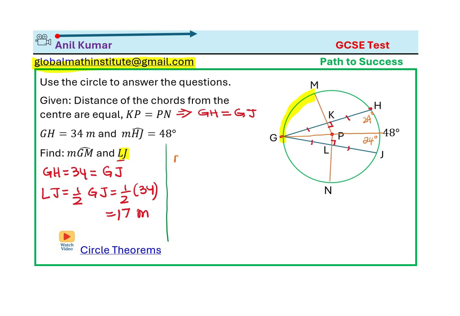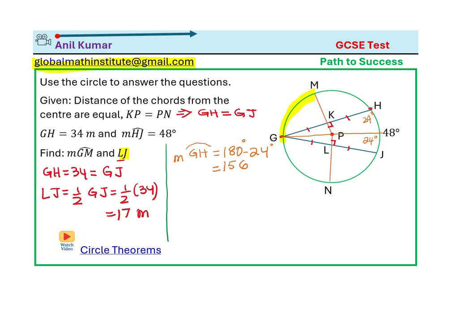So the measurement of the arc GH is actually 180 minus 24. Correct? Which is 10 take away 4 is 6, 7 take away 2 is 5, 156.